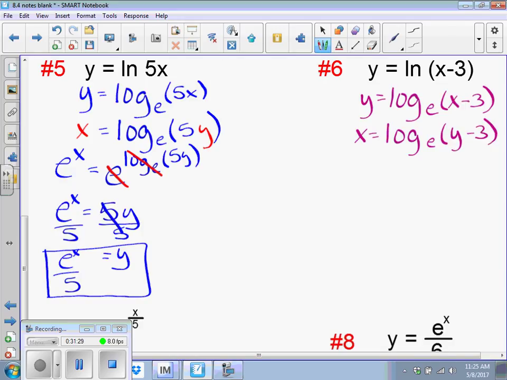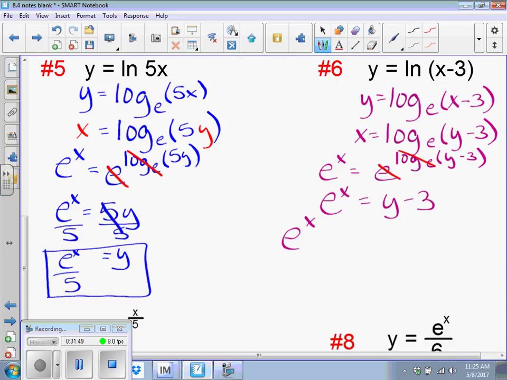Change both sides to exponential form with e being the base. So e to the x equals e to the log base e of y minus 3. So e to the log base e cancels, leaving me with e to the x equals y minus 3, and then you add 3 to both sides.